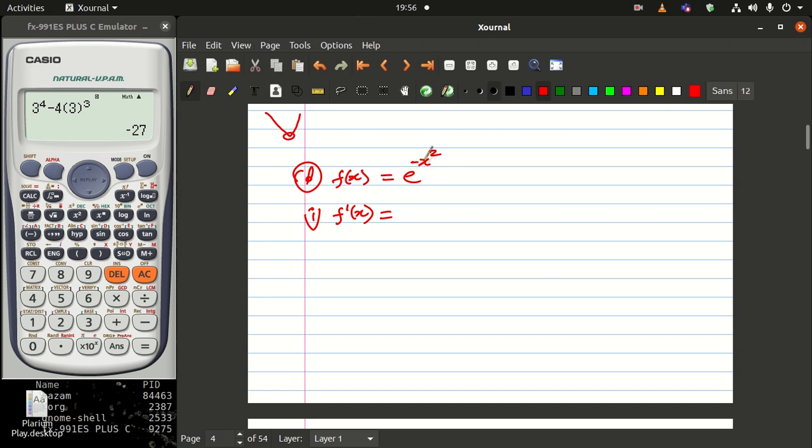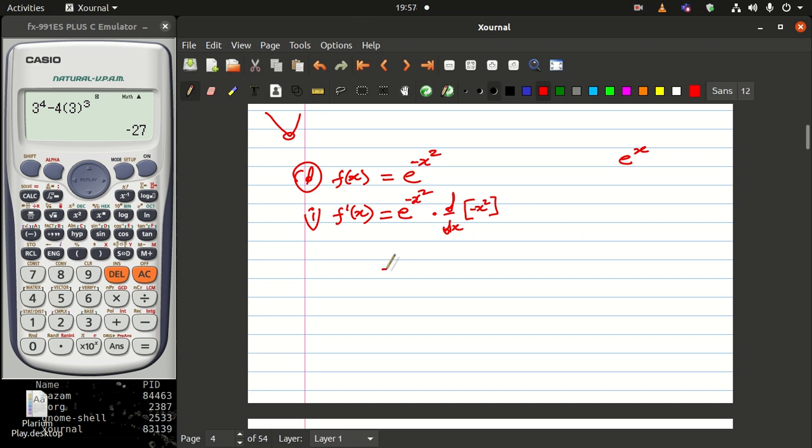So I have e raised to the power something. If this function was e to the power x, the derivative of this function would be e to the power x. But in this case we don't have x, so we have this minus x squared in the place of x. So e just takes this whole thing as it is, and then we multiply by the derivative of that thing sitting in the place of x, which is minus x squared.